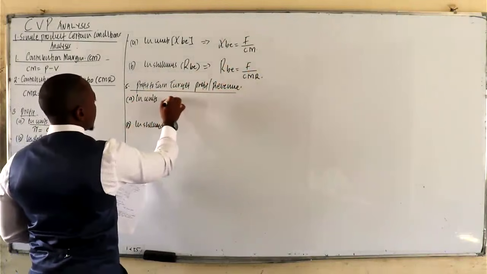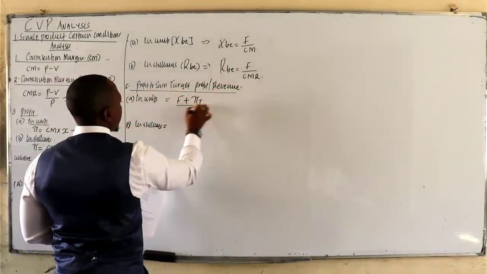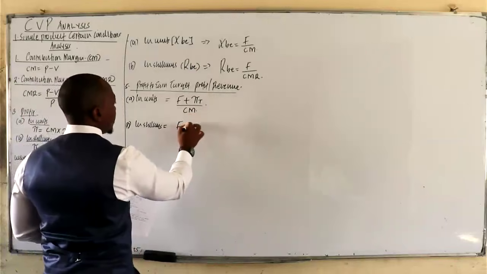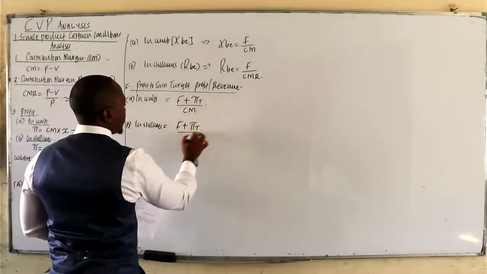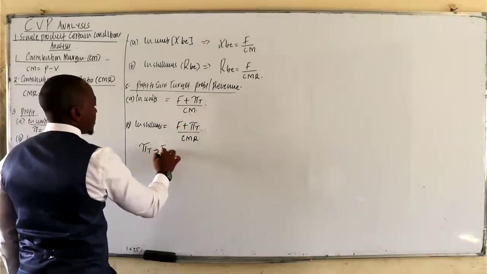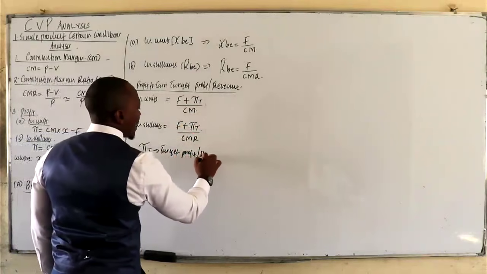In shillings, here we will be taking the fixed cost of the target.